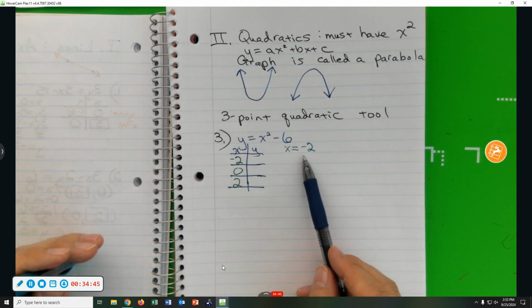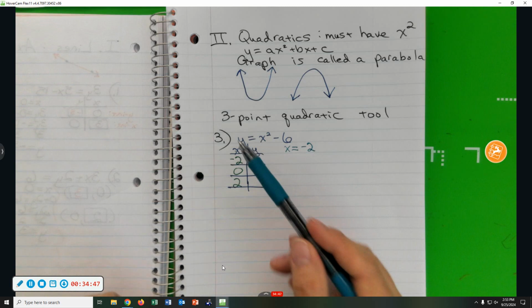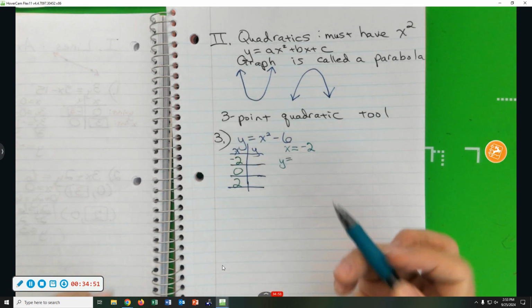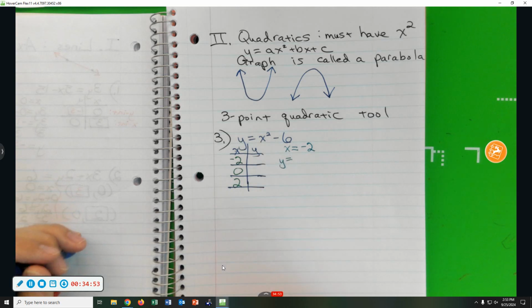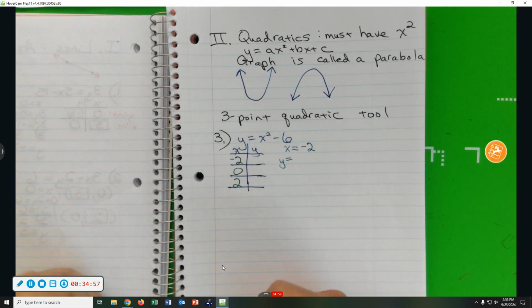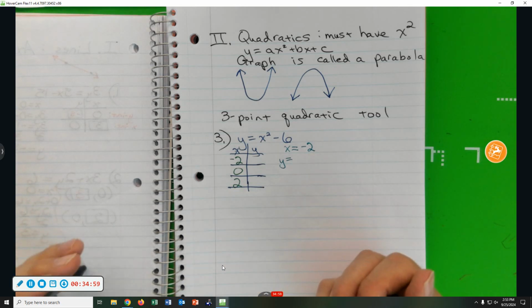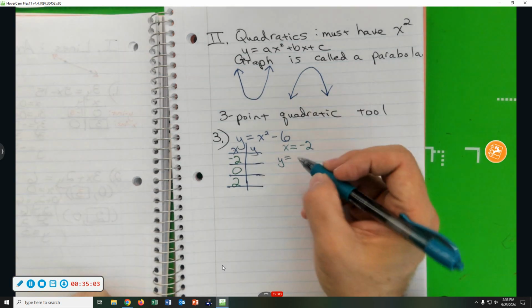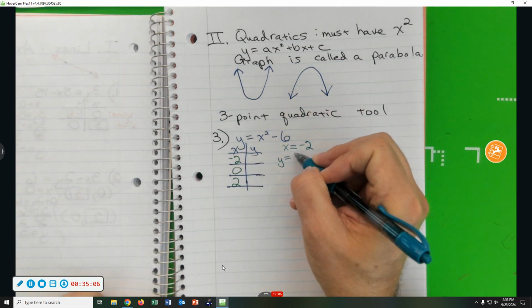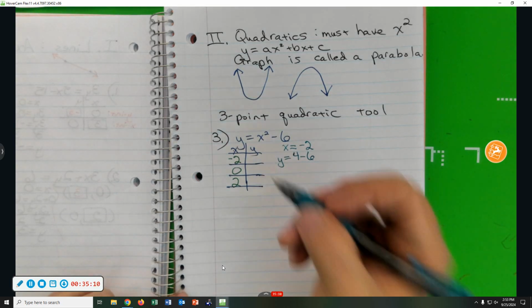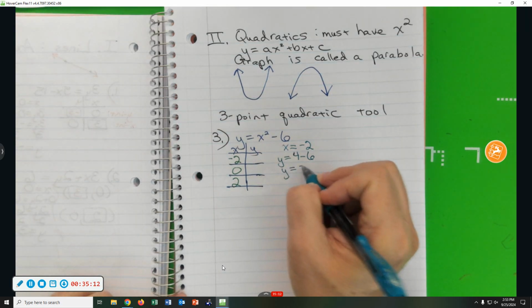Okay, so we're plugging in -2. So we have y equals negative 2 squared. What's negative 2 times negative 2? I think we can do this one in our heads without having to write that stuff out. Positive 4 minus 6, which gives us a y value of negative 2.